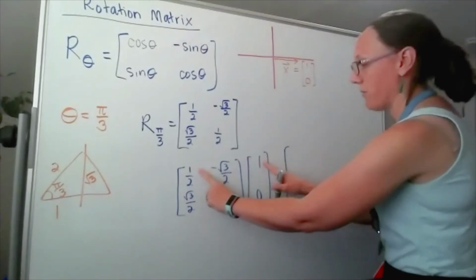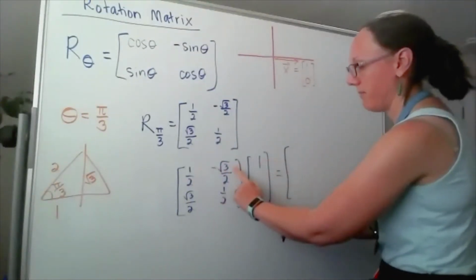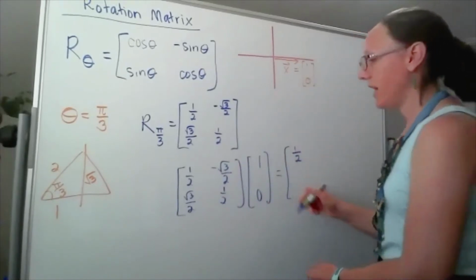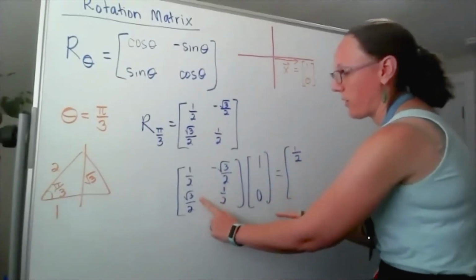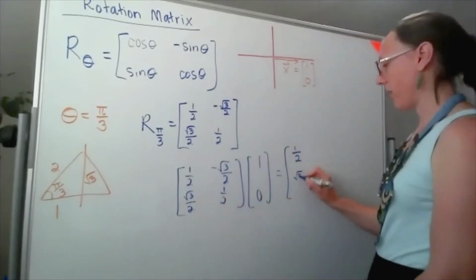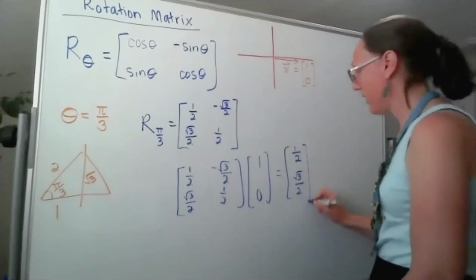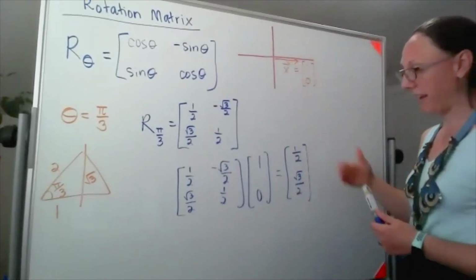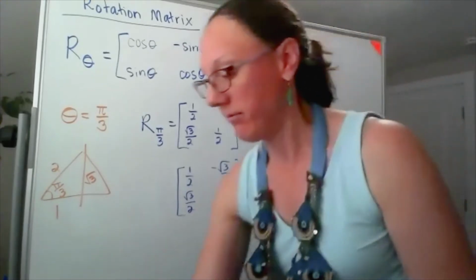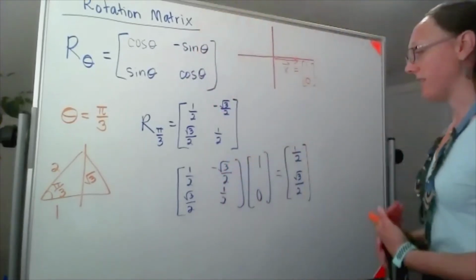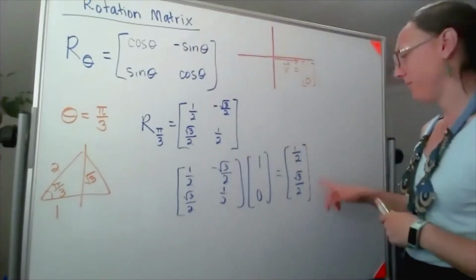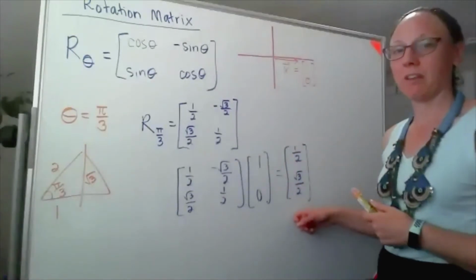So 1/2 times 1 plus negative square root of 3 over 2 times 0. So I'll get 1/2. And square root of 3 over 2 times 1 plus 1/2 times 0. So I've got square root of 3 over 2. If I come up here to the graph and sketch this, we can already tell that this has rotated the vector counterclockwise, because both of these values put me in the first quadrant.